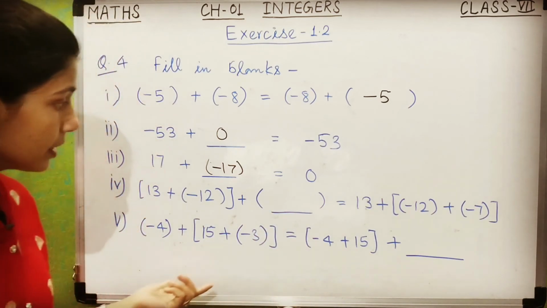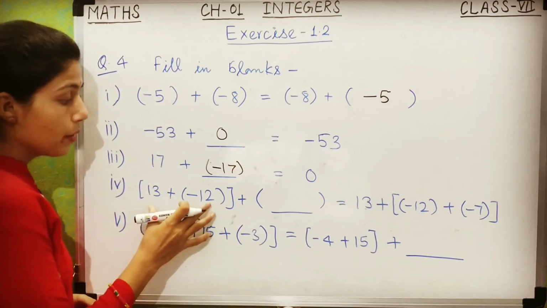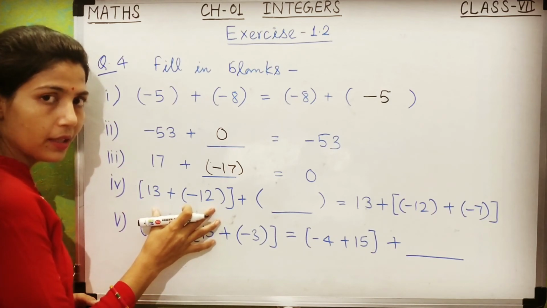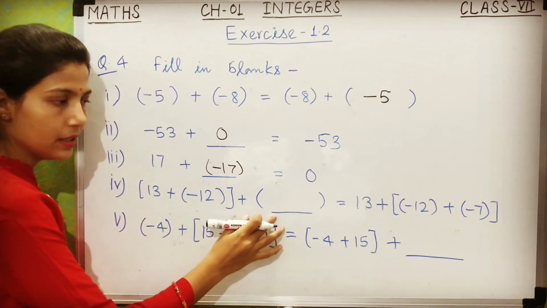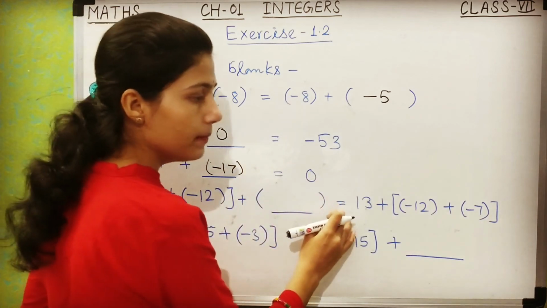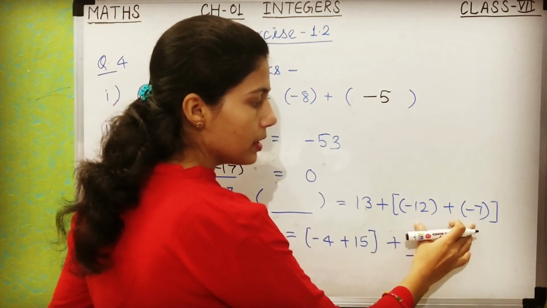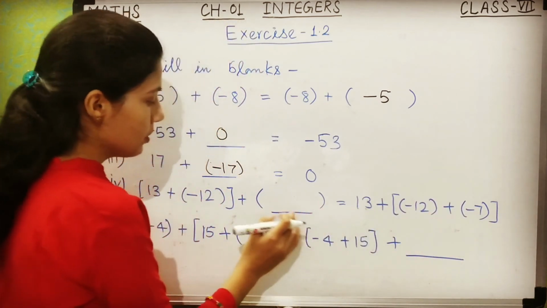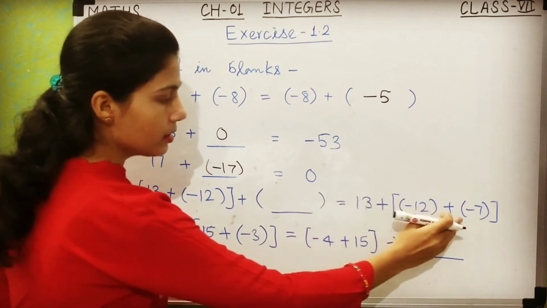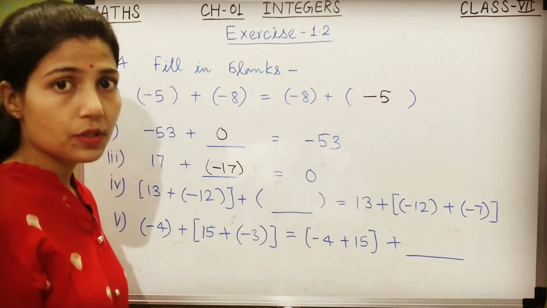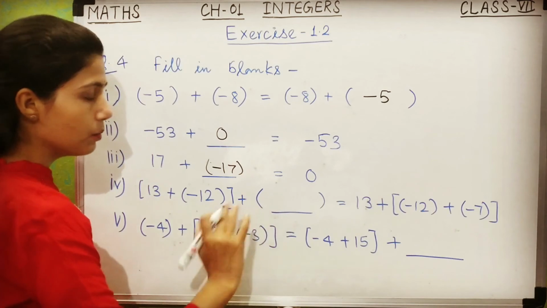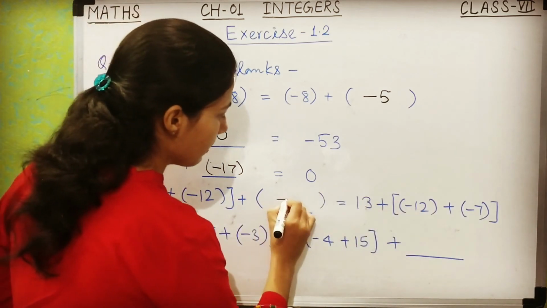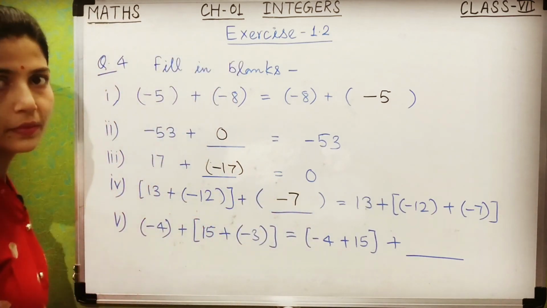Okay, associative property in which first you add the first two integers, then the addition you add to the third integer, that will be equal to if you add the second two integers, then you add the addition with the first integer. So if there are three integers, then in the associative property they will be the same on both sides of this equal sign. So 13 minus 12, so here the left one will come, that is minus 7.